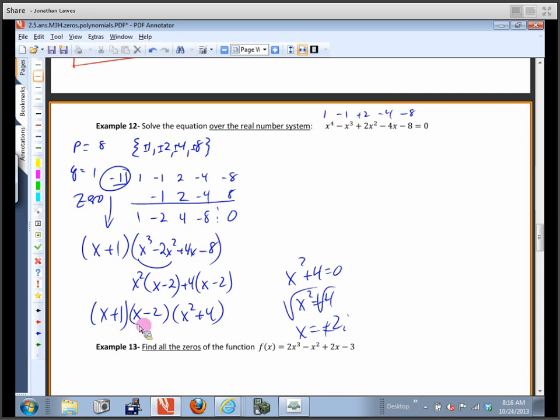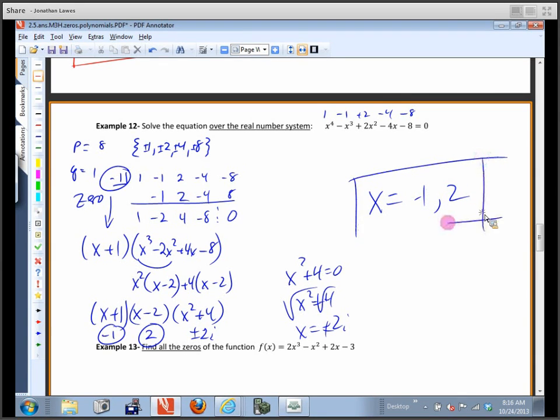So from these factors, I get answers of negative 1, I get answers of 2, and from here, I'd get answers of plus or minus 2i. Do I use those with the real numbers? Nope. So the answers on this one are just negative 1 and positive 2.